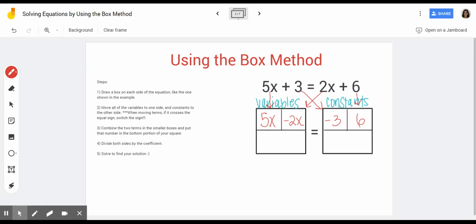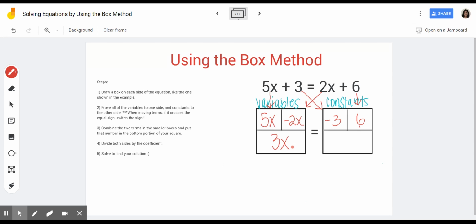Step 3 is to combine the two terms in the smaller boxes and put that in the bottom portion of my square. So I want to combine 5x and negative 2x. Because the signs are different, one positive and one negative, I know that I have to subtract those numbers.